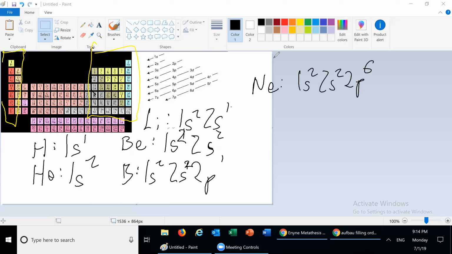Okay. So let's do silicon. What do you think the electron configuration of silicon is? It's 1s2, and then 2s2, and that's for sure.